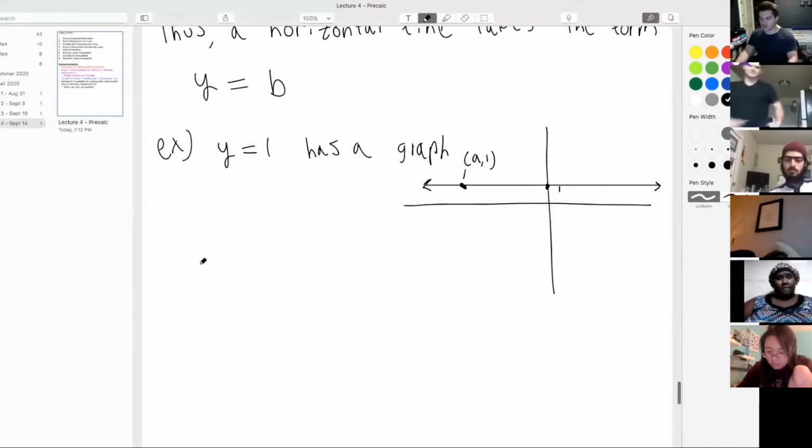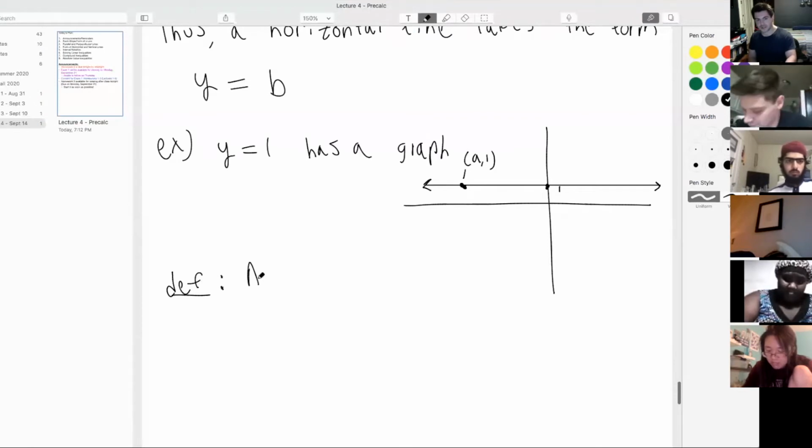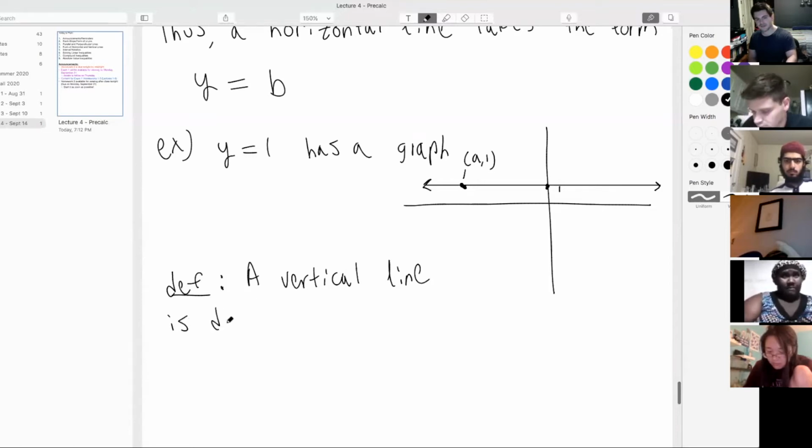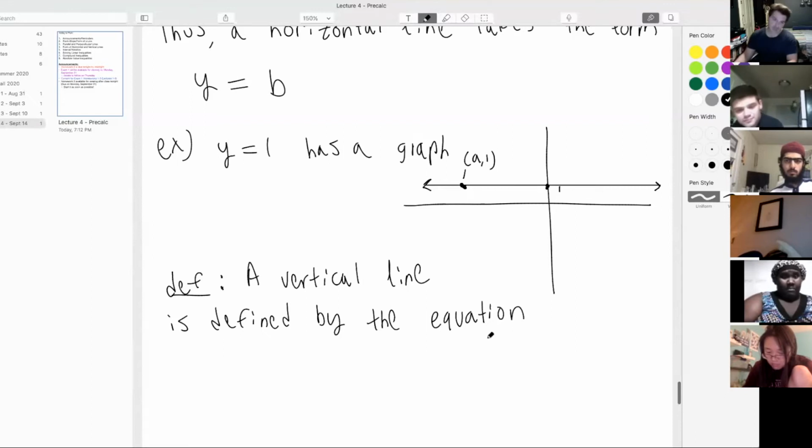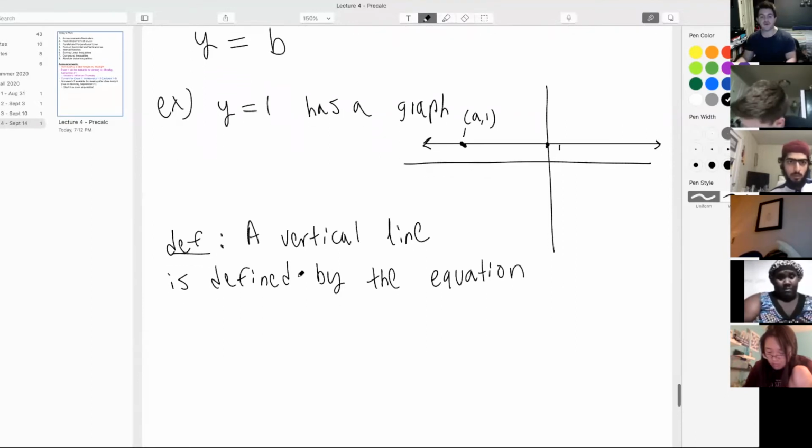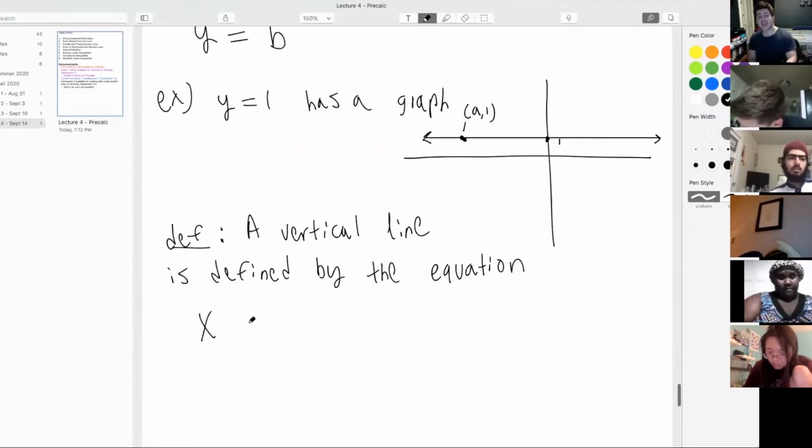Let's talk about vertical lines very quickly. A vertical line is defined by the equation x equals a.